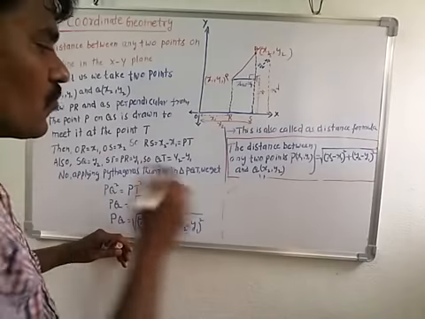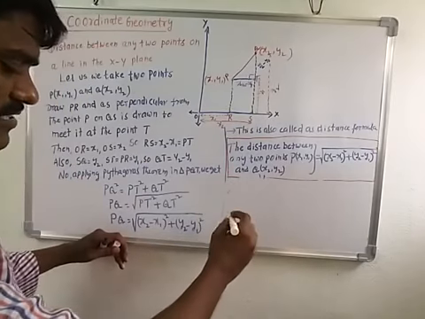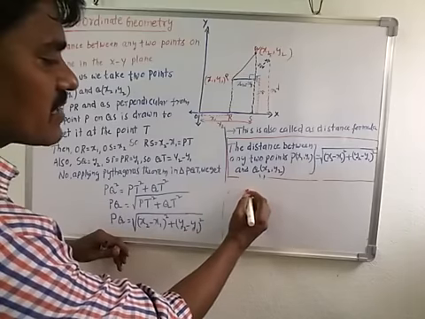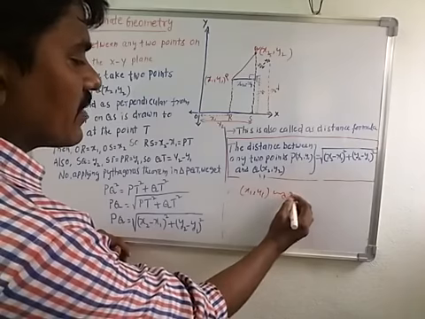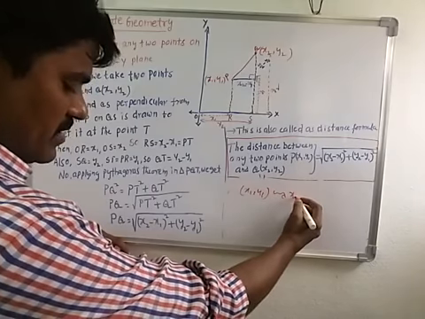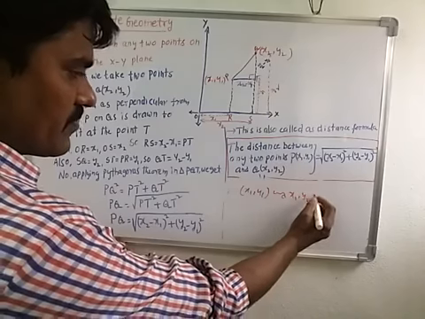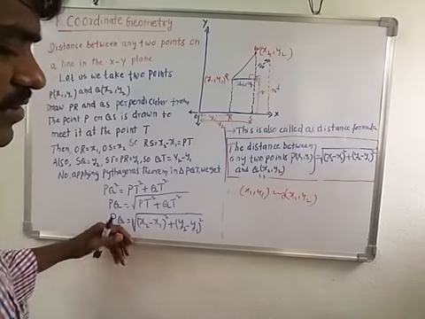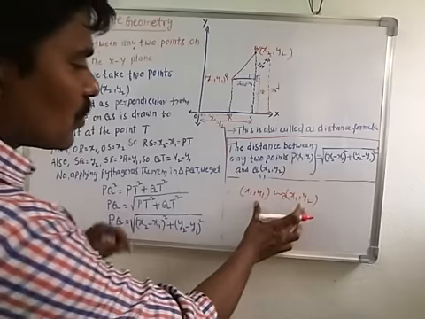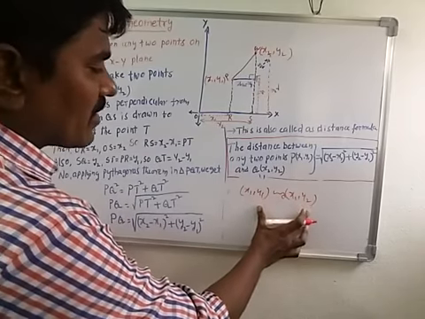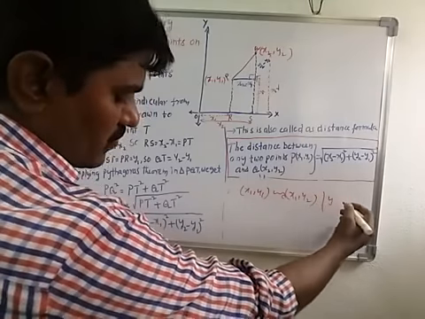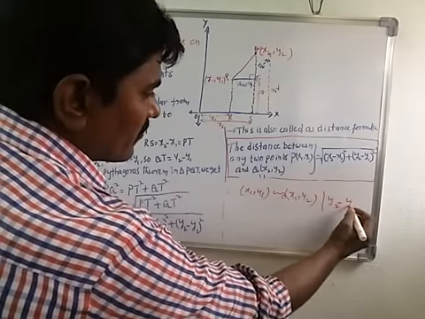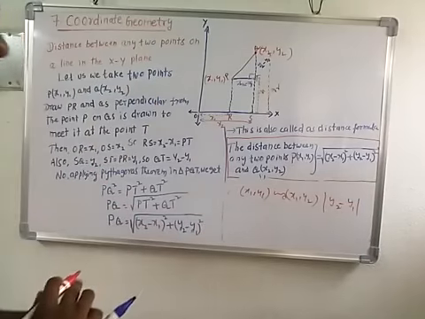And also we have learned the distance between 2 points x1, y1 and x1, y2 on a line parallel to y-axis. On a line parallel to y-axis it is modulus of y2 minus y1.